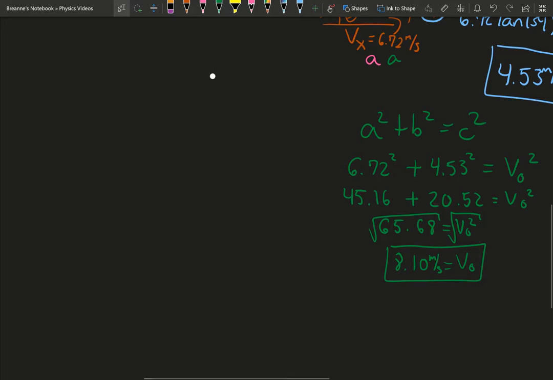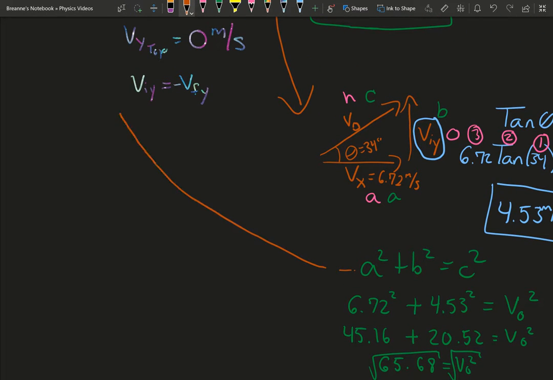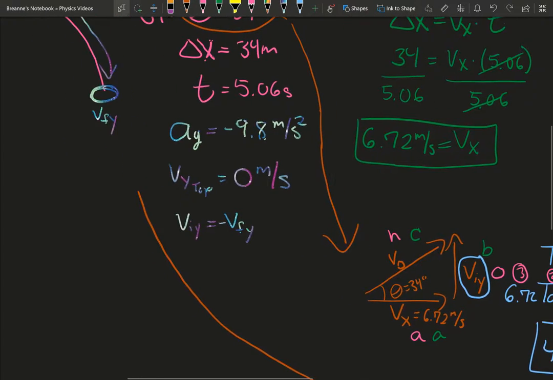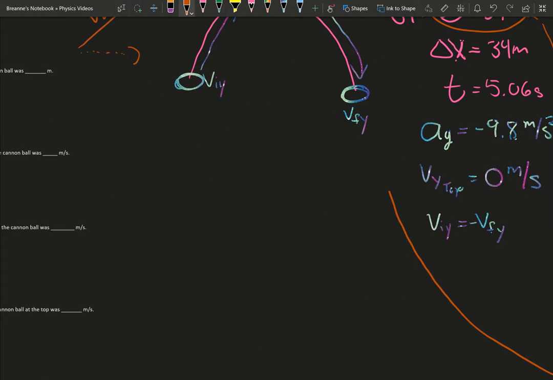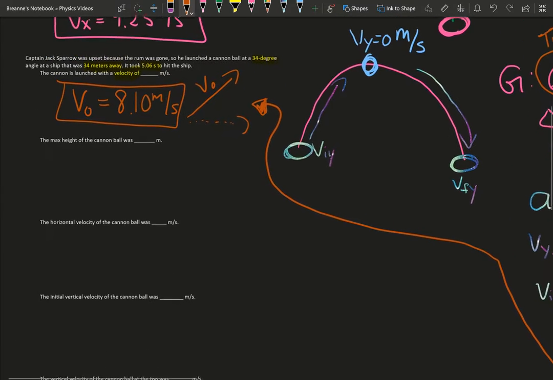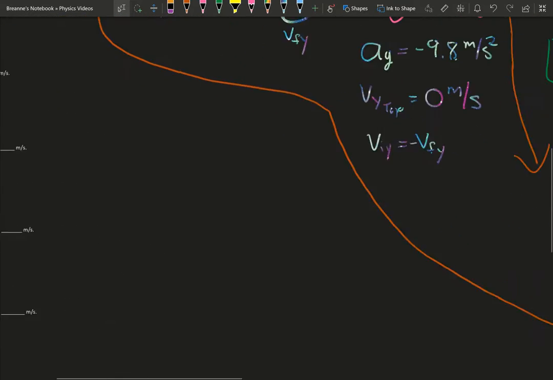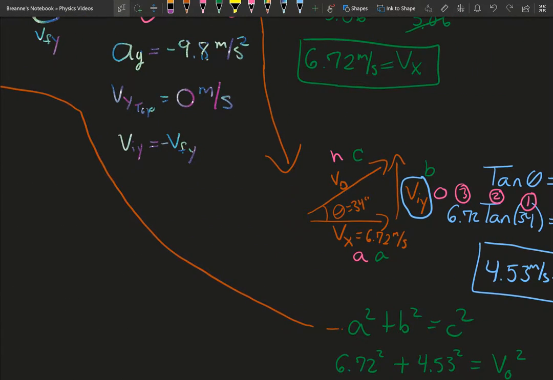So we did the work. I can draw an arrow. That work goes here, and that is 8.10 meters per second. So anytime it's just asking for plain old velocity, doesn't say horizontal, doesn't say vertical, it's looking for our hypotenuse.